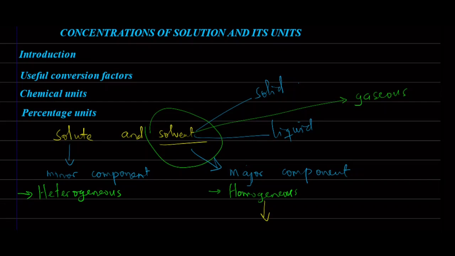In case of heterogeneous solution, it does not involve complete interaction between the particles of the solute and the molecules of the solvent. As a result of this, we can have more than one phase. We can have two phases involved, three phases involved. For example, shawarma. Shawarma is formed from different substances, of which we can see all the substances that form shawarma.